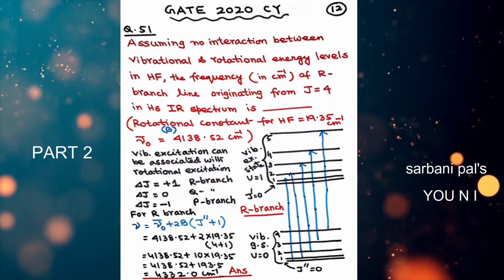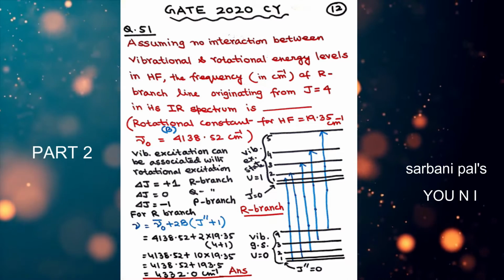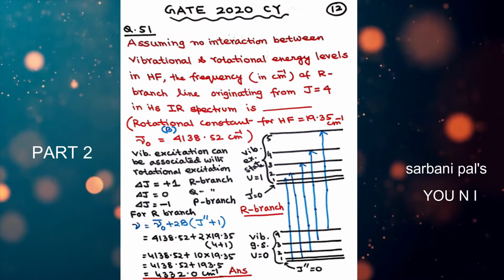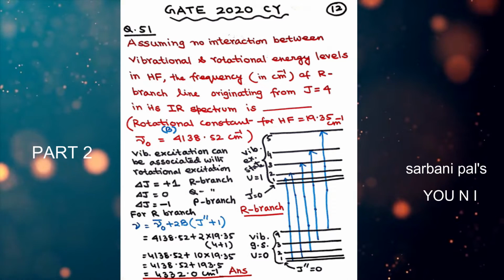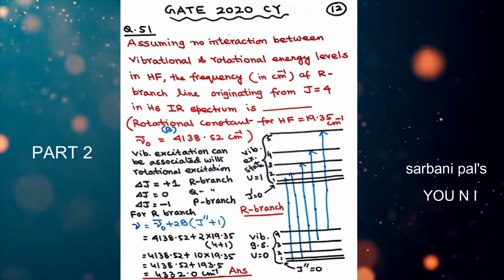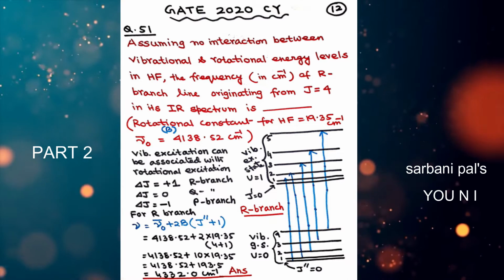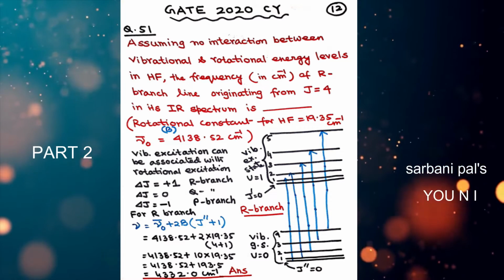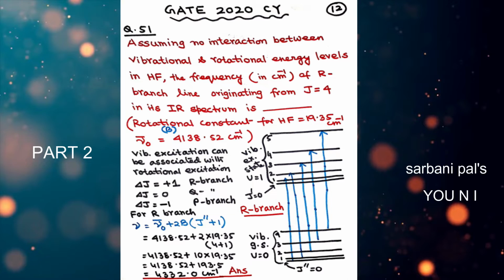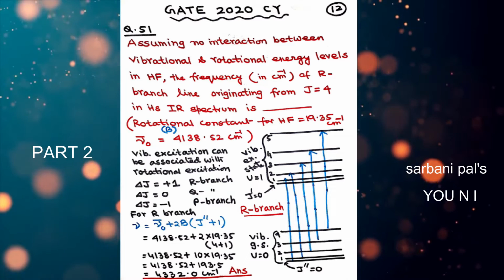Now for the R branch, the frequency expression is nu equal to nu bar naught plus 2b (j double prime plus 1), where nu is the frequency of the R branch line, nu bar naught is the pure vibrational excitation frequency without any change in the rotational excitation, b is the rotational constant, and j double prime is the rotational quantum number of the ground state. Now, nu bar naught and b, these values are given in the problem.